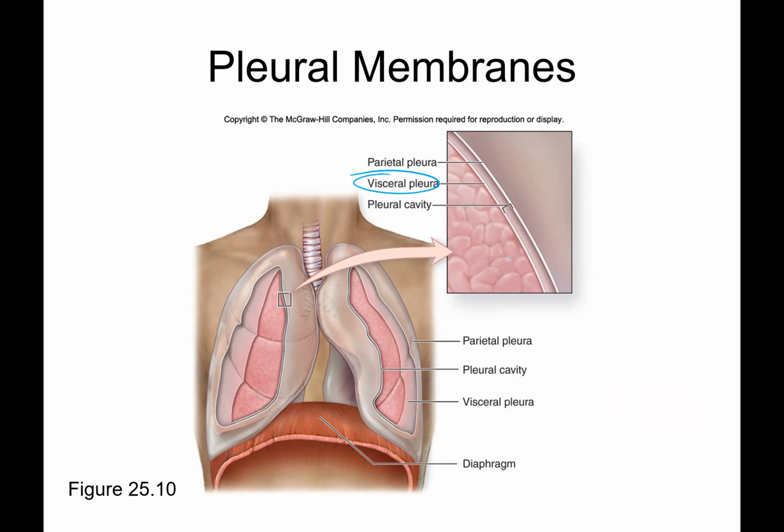As we're working our way out, going from the lungs and moving more distal, the next layer you would come to would be the pleural cavity, which is a space. And then the outside layer would be the parietal pleura. So visceral, pleural cavity, and then parietal pleura.